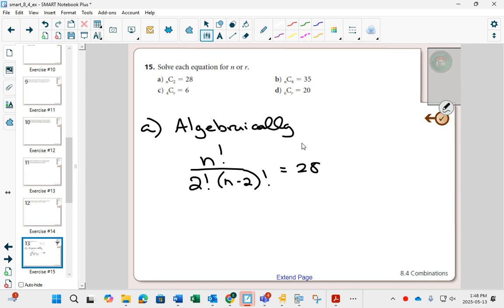Now 2 factorial is equal to 2, so I can multiply both sides by 2 and get 56. Now how do we simplify factorials? We expand the bigger one. So you have to decide which is bigger, n or n minus 2.